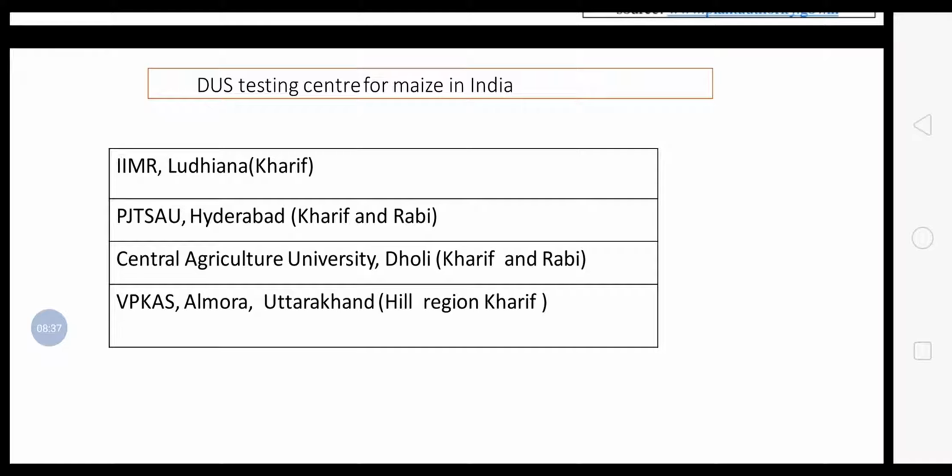Central Agriculture University at Dholi is also for Kharif and Rabi. That means the off-type season is also taken up in PJTSAU and Central Agriculture University, Dholi. Then VPKAS, that is Vivekananda Parvatiya Krishi Anusandhan Sansthan in Almora, Uttarakhand, which is only for the Kharif season.